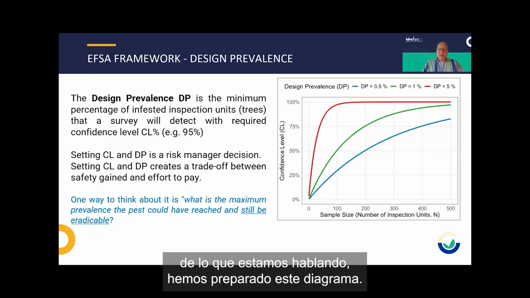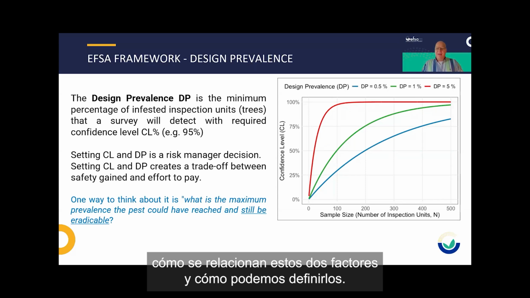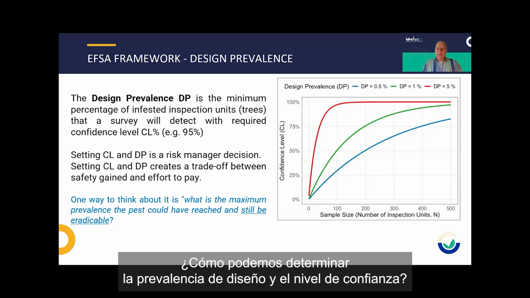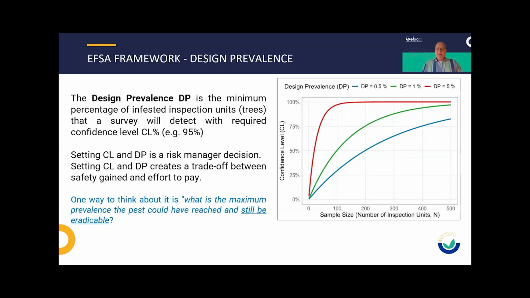To remind what we are talking about here, we have put this diagram together, and we are now interested in how they relate to each other and how we can inform them. Let's start with the latter: how we can inform the design prevalence and the confidence level. There is no clear way to say it's like this, because both of these parameters are a managerial decision.